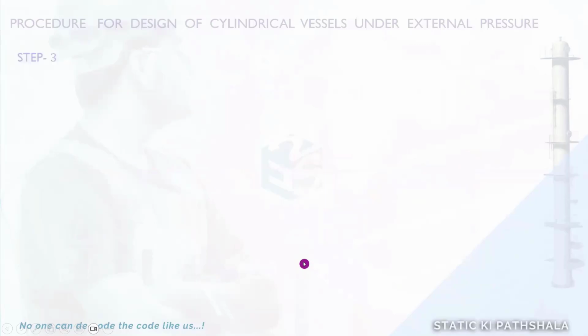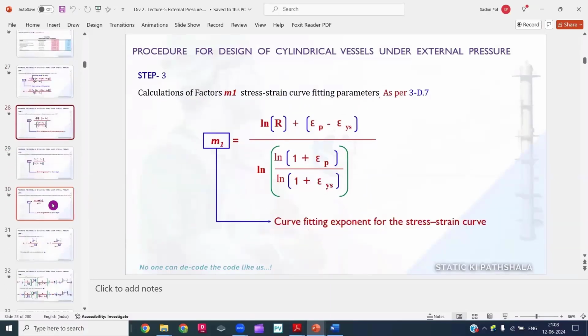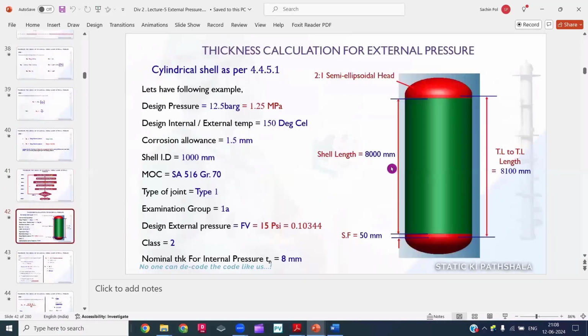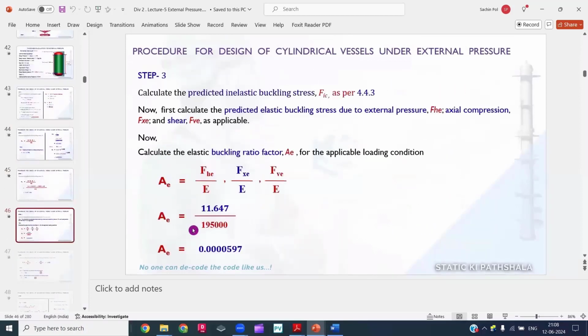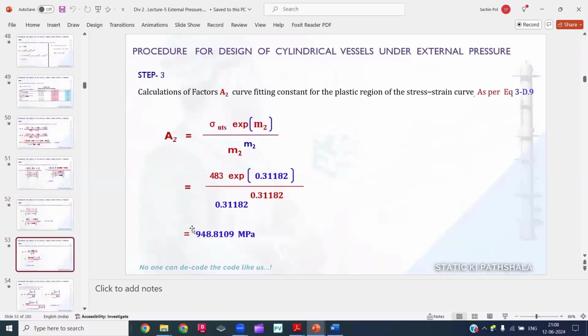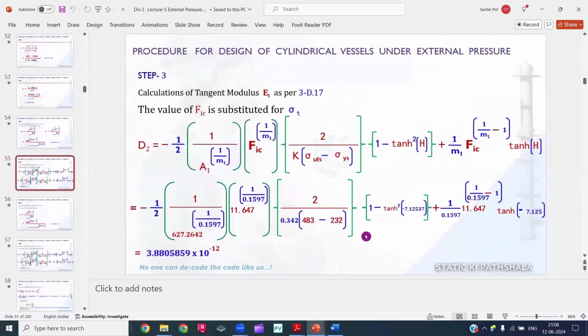All these things you can see explained in detail over here, and a manual calculation has been taken and solved to the very extent where you can see the answers matching with the PV software as well. So every step has been performed in detail.